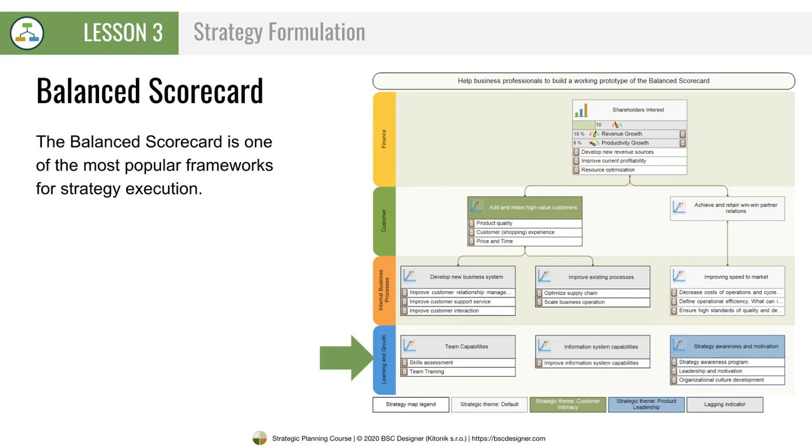BSC Designer software, the software tool that we will use in practical parts, supports this framework natively. To get started with this framework, I recommend these two articles: the advantages and disadvantages of Balanced Scorecard framework as an overview, and 4 perspectives of the Balanced Scorecard as a detailed guide to the framework.